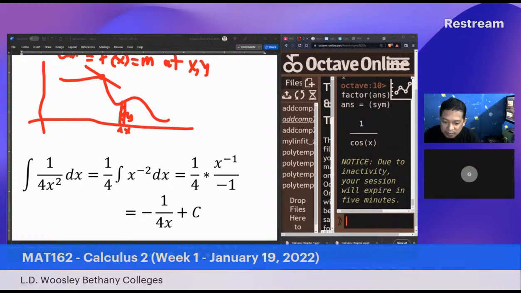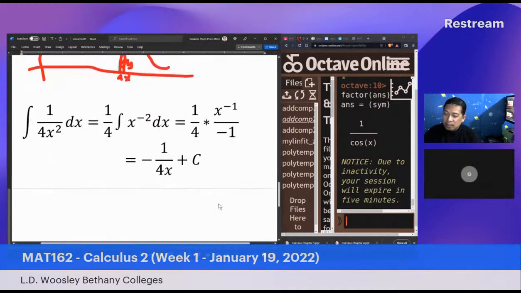So, for 12, siguro jump tayo sa, can you try sige, 23? Trigo function. Can you access the file? Yes po, sir. Naka-open po. Number 23. Yung 5 cosine x plus 4 sine x quantity dx.